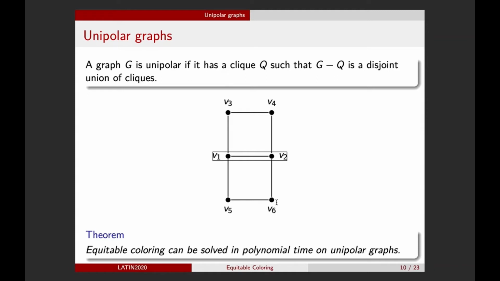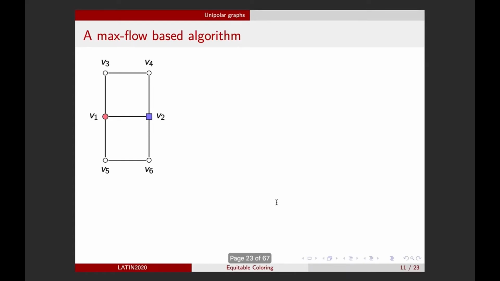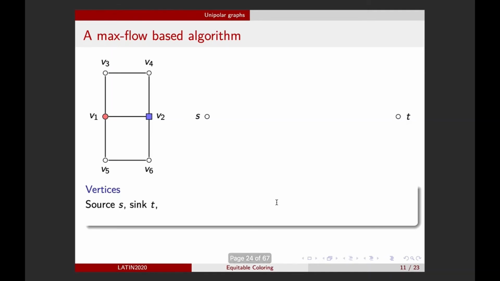But how do we solve our problem on this graph class? We begin by guessing a coloring of the central clique, and this coloring is unique. We can just color it with red and blue, for instance. Then we build a flow network to run max flow on and get the solution.